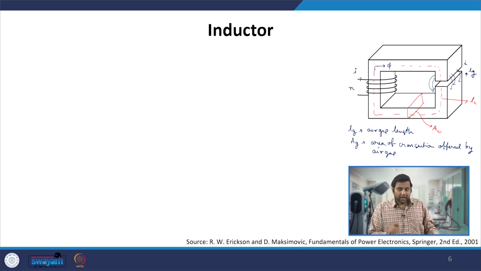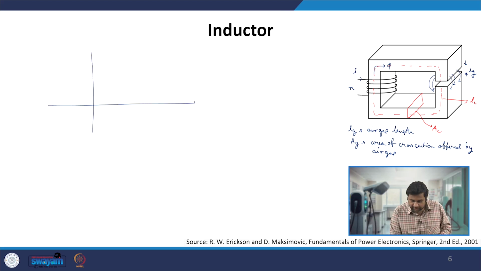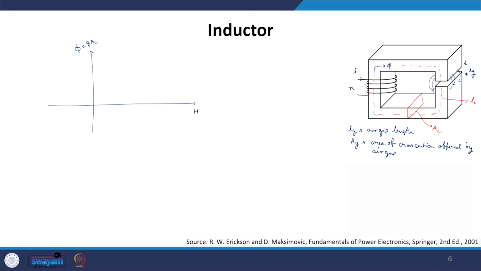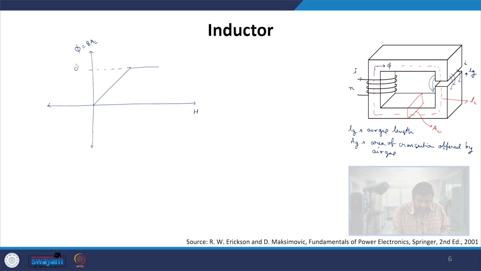Now let us see how the BH curve will get changed. If we draw the BH curve, we can also define the phi H curve, which is nothing but a flux versus magnetic field curve, which is nothing but B times Ac. It looks like a straight line going from 0 to some point, and then it becomes saturated, and this is the phi saturation.